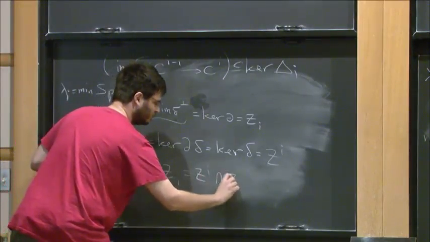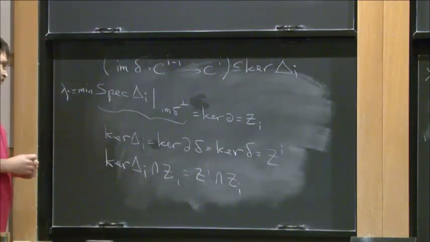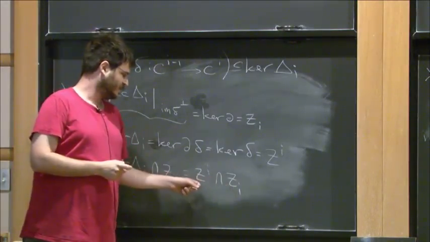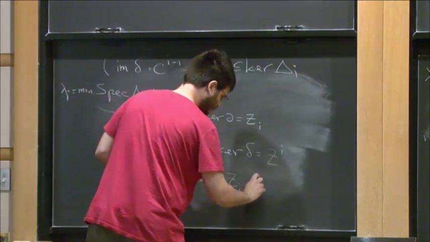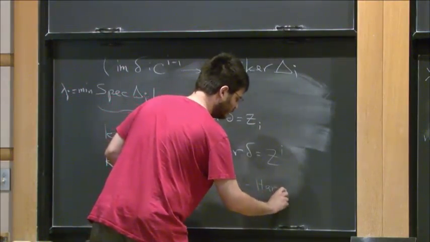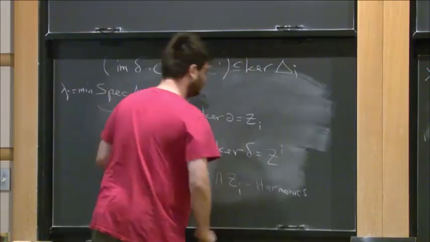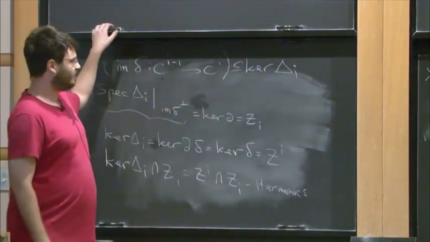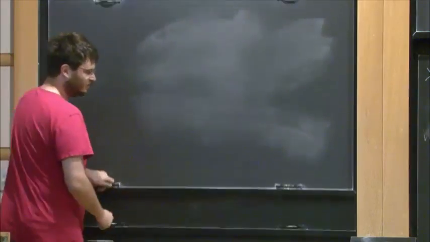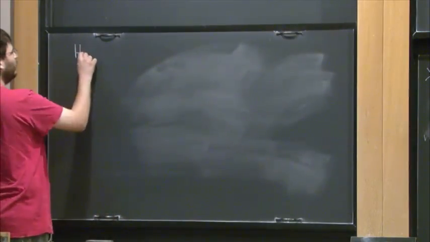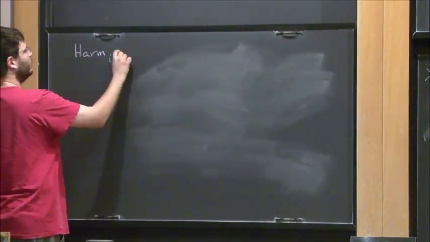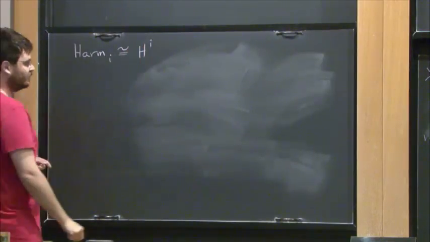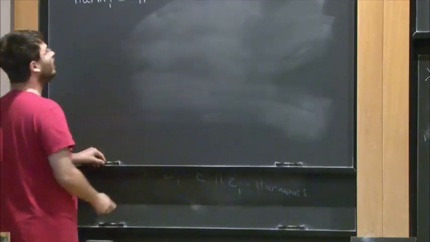And as we said, if I have forms which are both cycles and cocycles, we call these harmonics. And having cocycles which are not coboundaries just means that we have homology. So harmonics in dimension i is the same as non-trivial cohomology in dimension i.